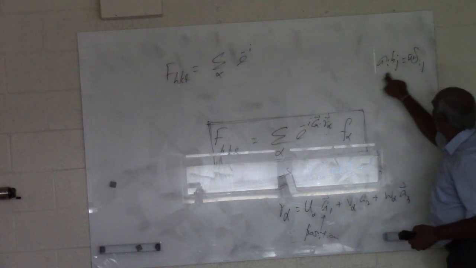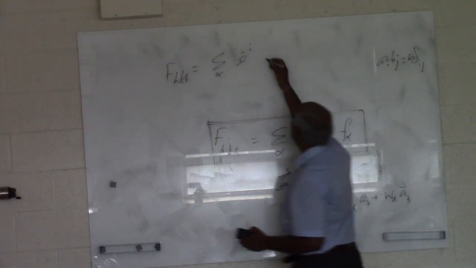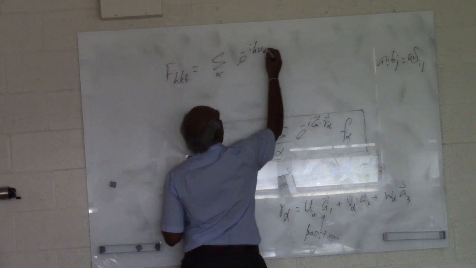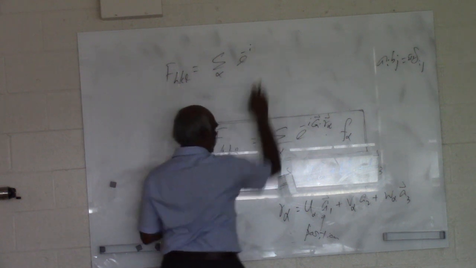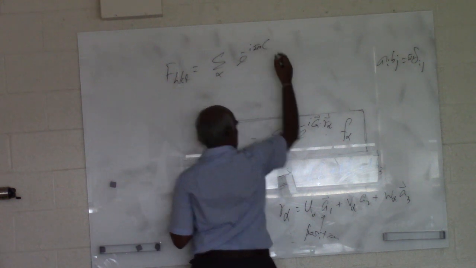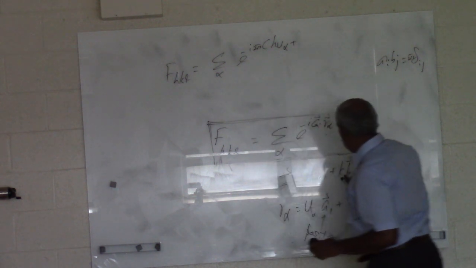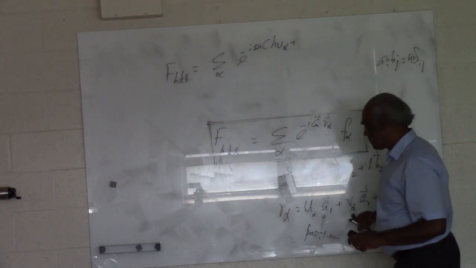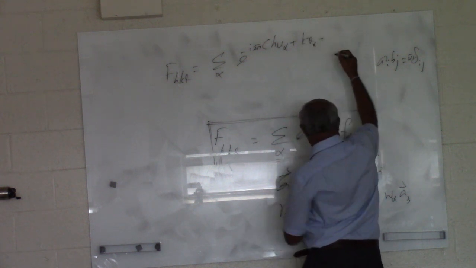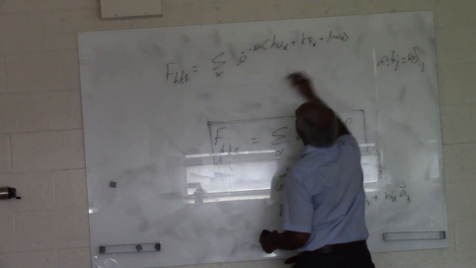Only when they are equal, it is 2 pi. That means if I multiply these two, I get H times U alpha, and 2 pi comes out. Then I can write 2 pi times H U alpha plus K V alpha plus L W alpha. That's it.